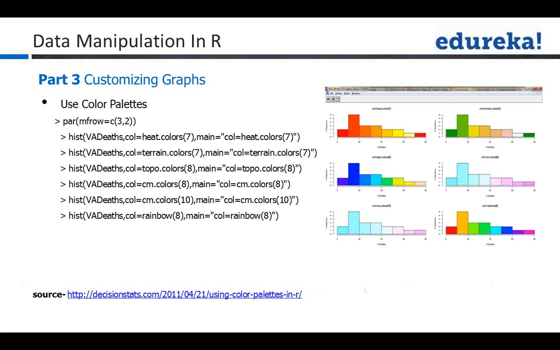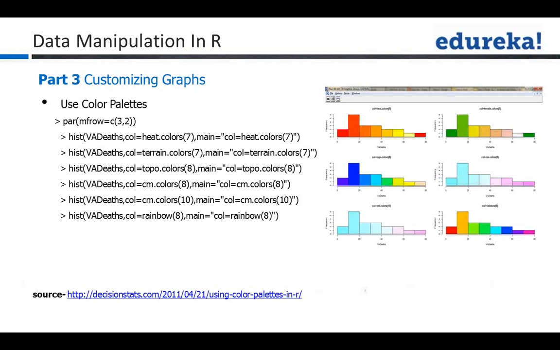So the highest intensity red will be for some values, and then a lesser intensity will be for lesser values. So there are different ways by which you can mention your intensity, and this just shows you different color schemes for heat maps, for terrain colors.